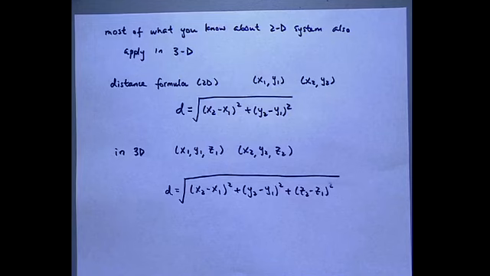Okay, and then we look at these numbers to find out where the center is, and just remember to change the sign. So the center is at negative 4, positive 4, and negative 1. And of course, the radius is 2.